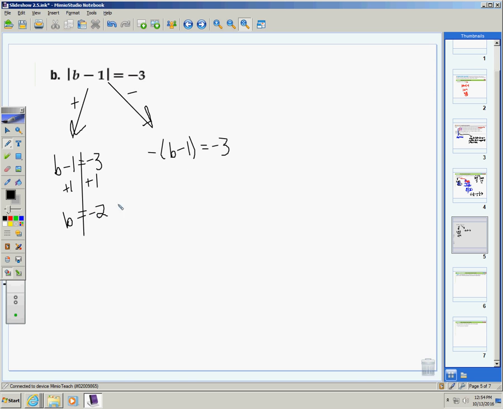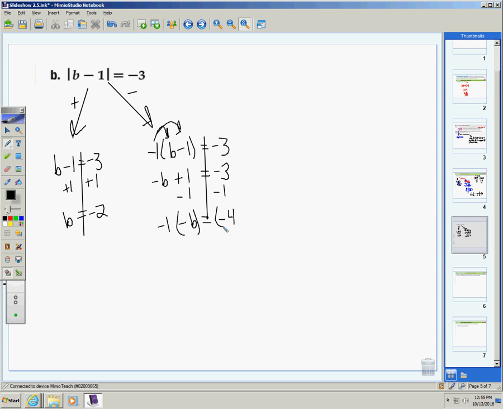Negative 1 times positive b gives me negative b. Negative 1 times negative 1 gives me positive 1. So I get negative b plus 1 equals negative 3. Subtract 1 from each side. I get negative b equals negative 4. Multiply each side by negative 1 because I want my variable to be positive, and I get b equals 4.